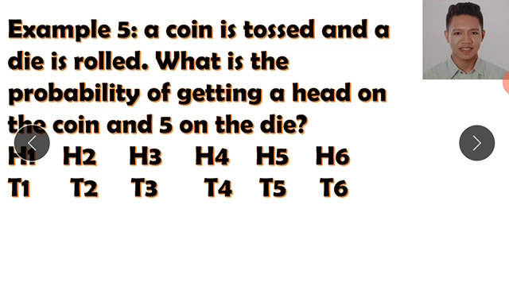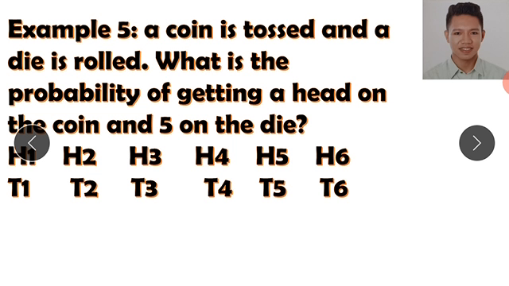For the fifth example, a coin is tossed and a die is rolled. What is the probability of getting a head on the coin and 5 on the die? So it means that if you roll a coin and a die, what would be the chance of getting a head on the coin and 5 on the die?